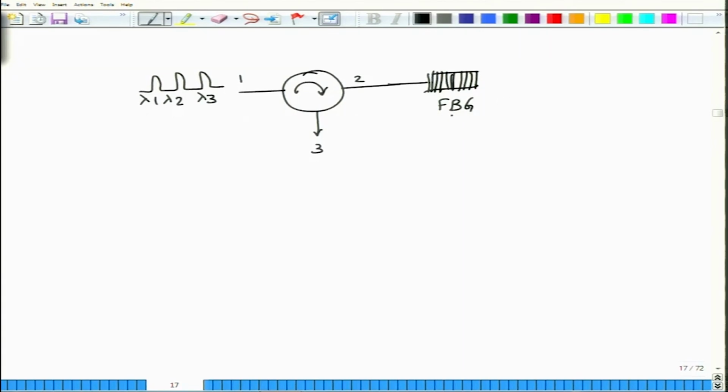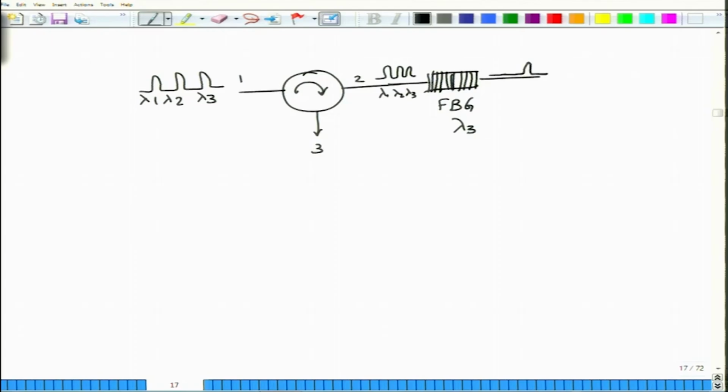And the characteristic of this fiber Bragg grating is that it can be tuned to a particular wavelength. For example, I will tune this to wavelength lambda 3. So you had lambda 1, lambda 2, lambda 3 incident on the fiber Bragg grating, but what this fiber Bragg grating will do after it has been tuned to lambda 3 is that it will allow lambda 3 to pass through, while lambda 1 and lambda 2 are rejected by the fiber Bragg grating.